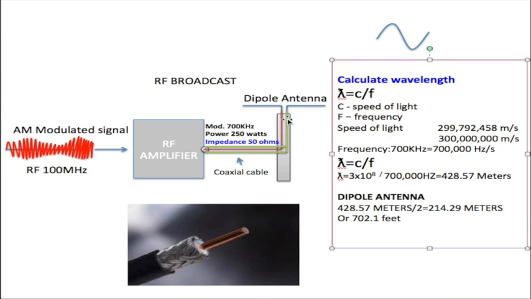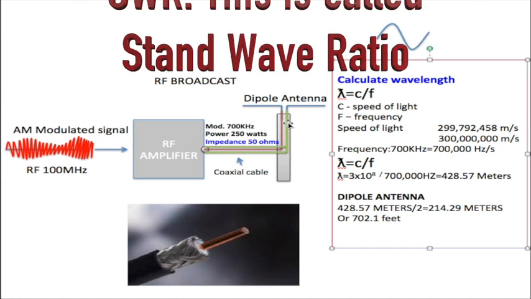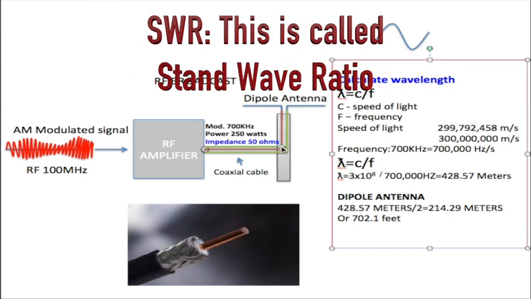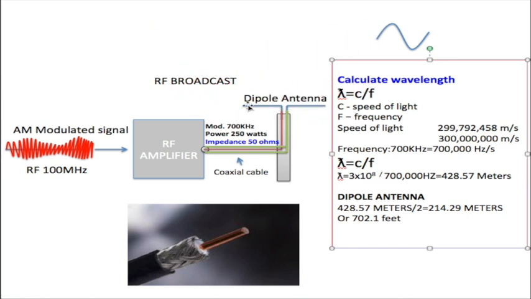So you would lower that antenna until you're getting no power being reflected back, and at that point you know that it is 50 ohms, just like the cable and the RF amp out. So nothing will be reflected back. 100% of your power will be radiated out to the airways.